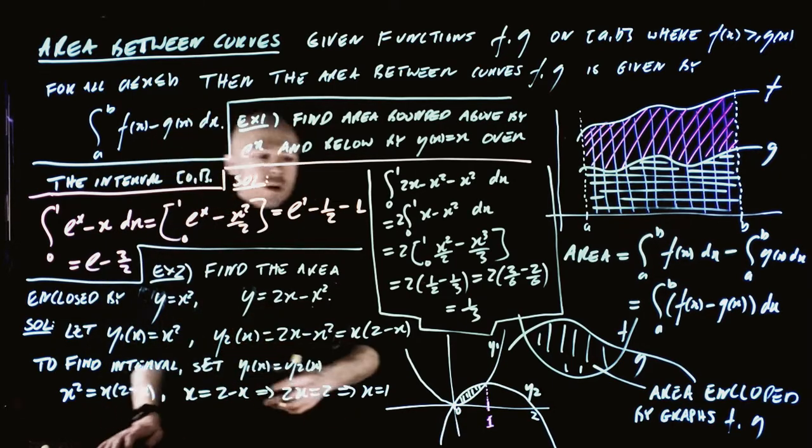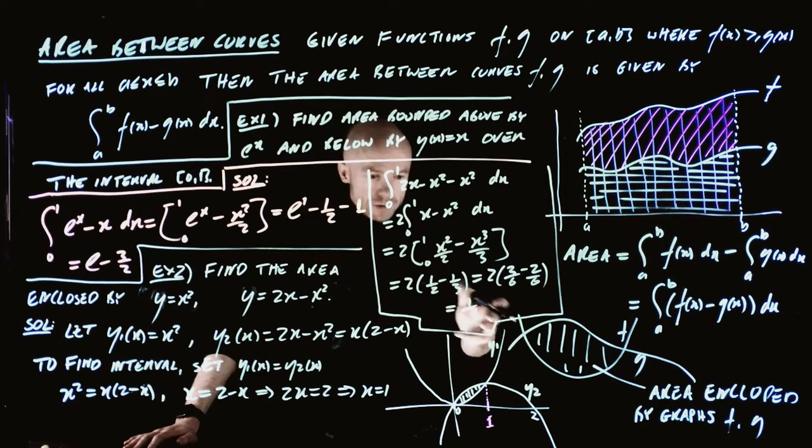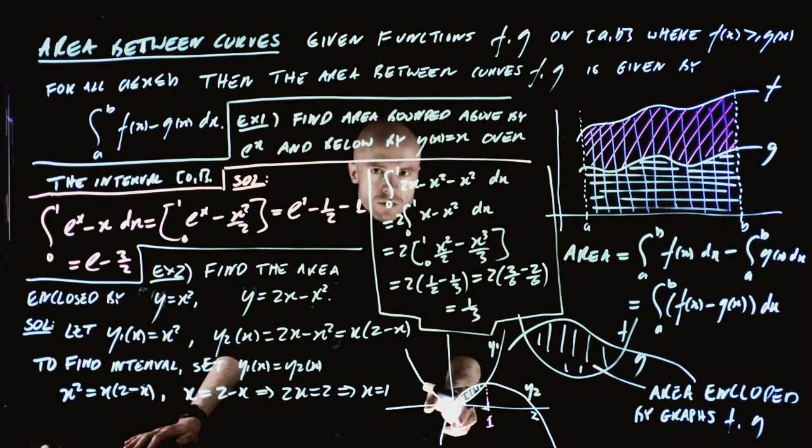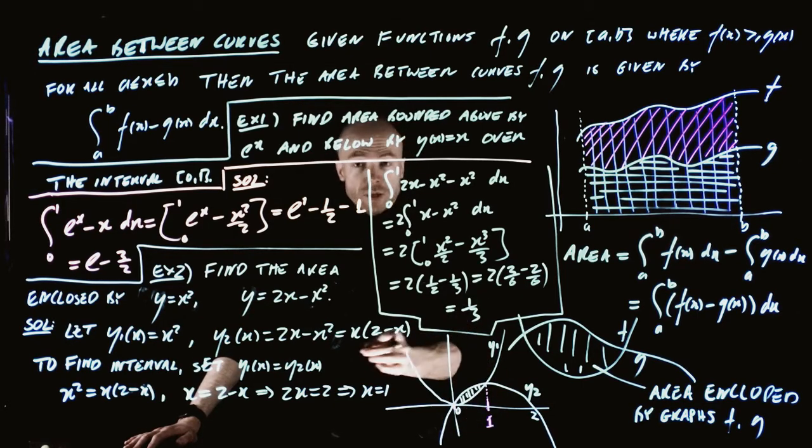Yeah? Then we draw a picture of these two different functions. We draw the picture, and then we can see that there is an enclosed area, just one. So it's clear what we have to calculate. It's a meaningful thing. And knowing what we have to calculate, we now understand that we need to find the interval which this region lives above, because we're going to have to integrate over this interval.